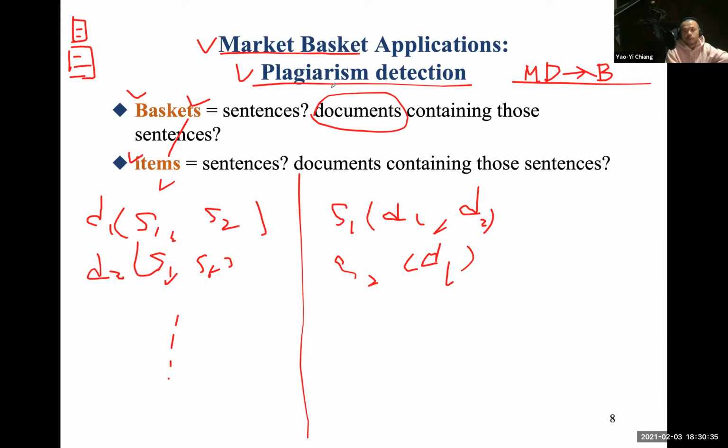Awesome. So, all right. If our application asks us to detect relationship between documents and the market basket model is going to detect relationship between items, then you should model your documents as items and your sentences as baskets, right? So let me show you how this works.